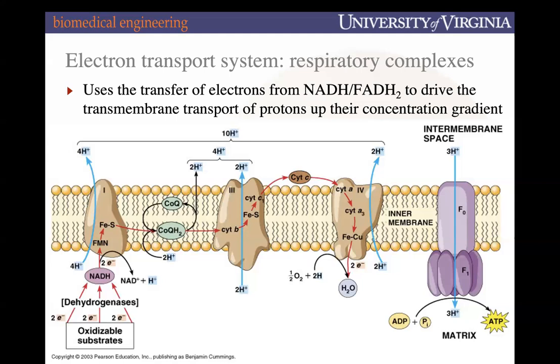And finally, that buildup of hydrogen ions in the inner membrane space is going to move down across this ATP synthase. I'll try to repeat this a few times, but for every 3 hydrogen ions, this synthase will make 1 ATP molecule. So there's going to be a ratio of 3 to 1 of hydrogen ions to ATP during oxidative phosphorylation. I'm going to try and revisit that to make sure we get that ratio down.